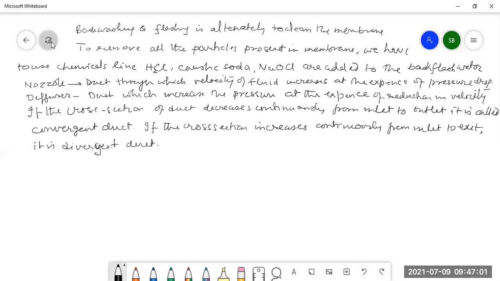If the cross-section first decreases, then increases, it is a convergent-divergent duct. The minimum cross-section of this type of duct is called the throat.